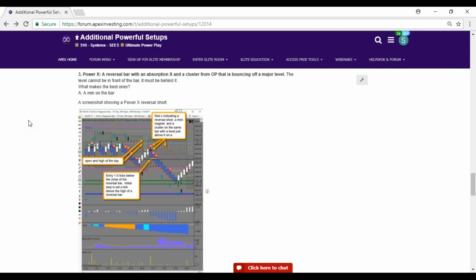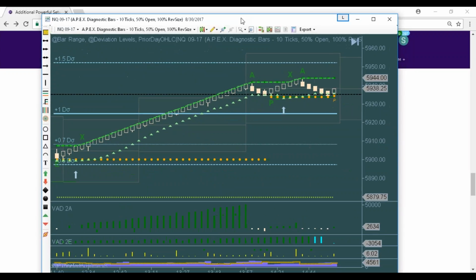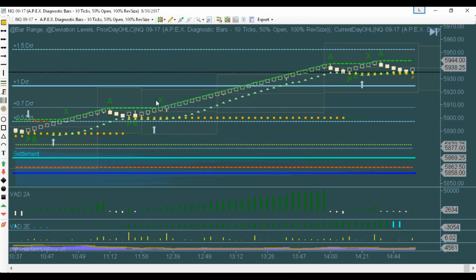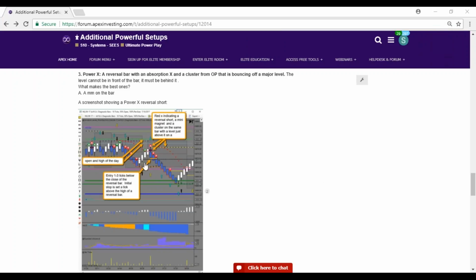All right. Another one. Power X. Once again, when I say power X, am I talking about the apex pattern X? No. I'm talking about the absorption X on order prints.